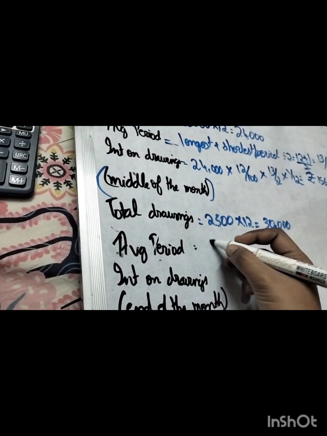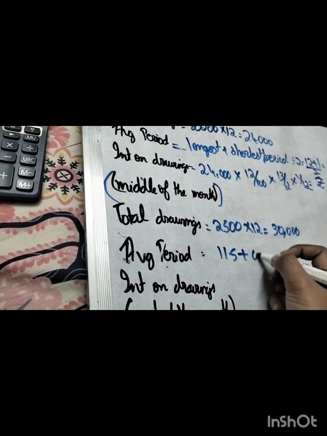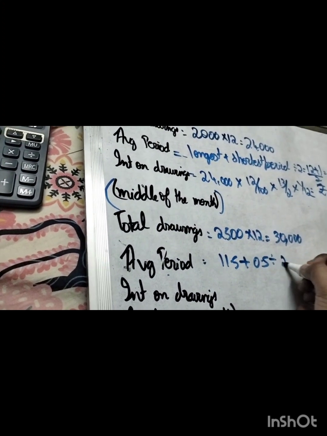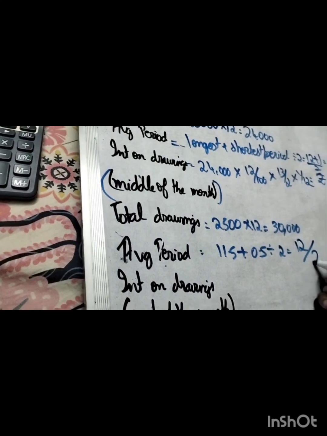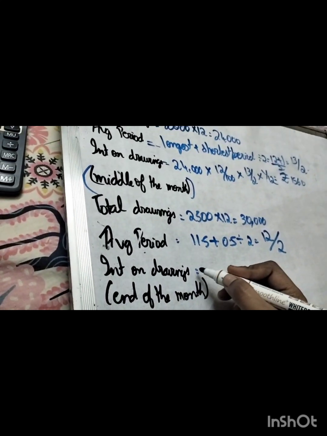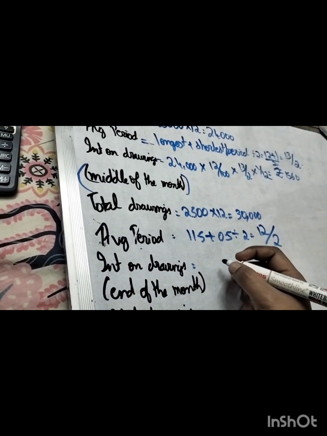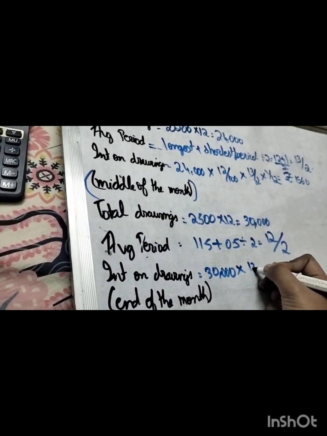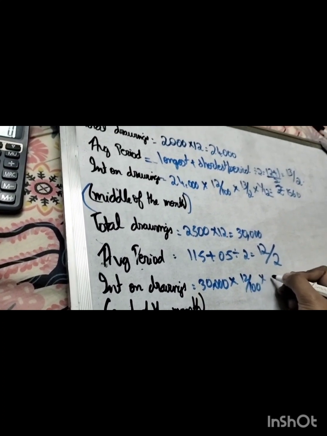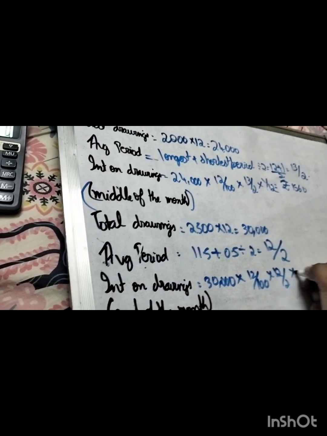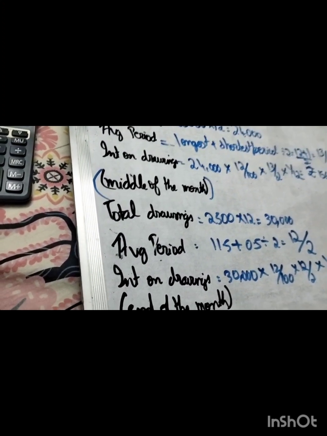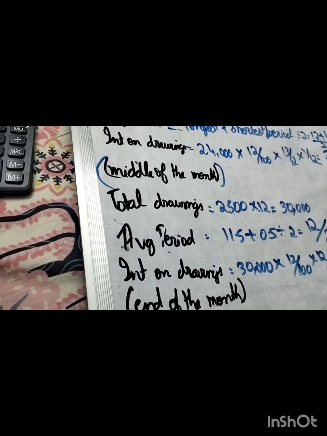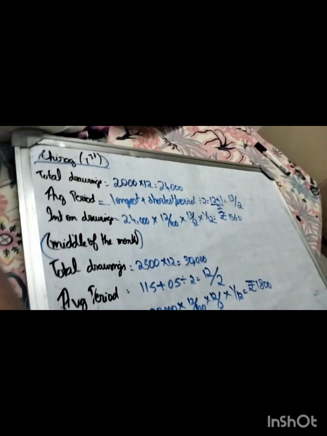So that's going to be 11.5 plus 0.5 divided by 2, so that's going to be 12 divided by 2. Interest on drawings, total drawings is 30,000. Rate is already given, 12 by 100 into average period we just found, 12 by 2 into 1 by 12. So the total is going to be 1,800. So this is how you do middle of each month.